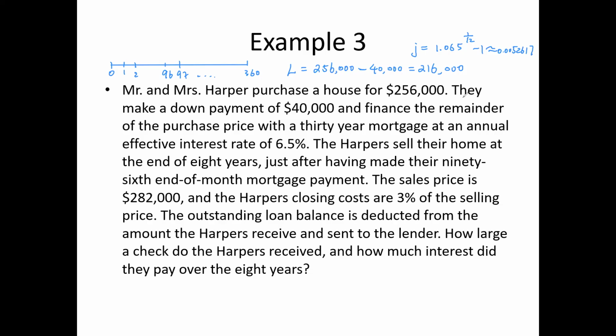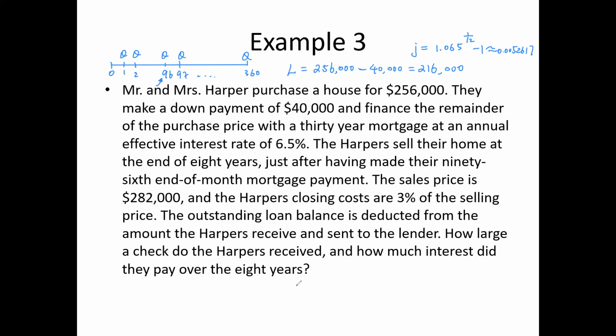So we need to figure out the monthly payment. Even though the house was sold at this time, originally the plan is to pay 360 payments of $Q per payment.